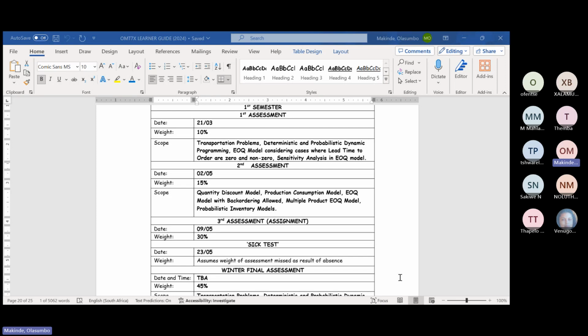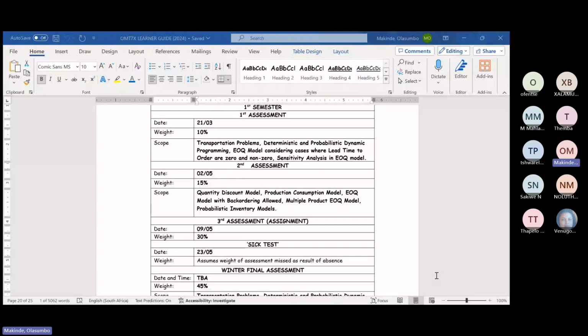Then topic number 2, we are going to be looking at deterministic dynamic programming problems. That's topic 2.